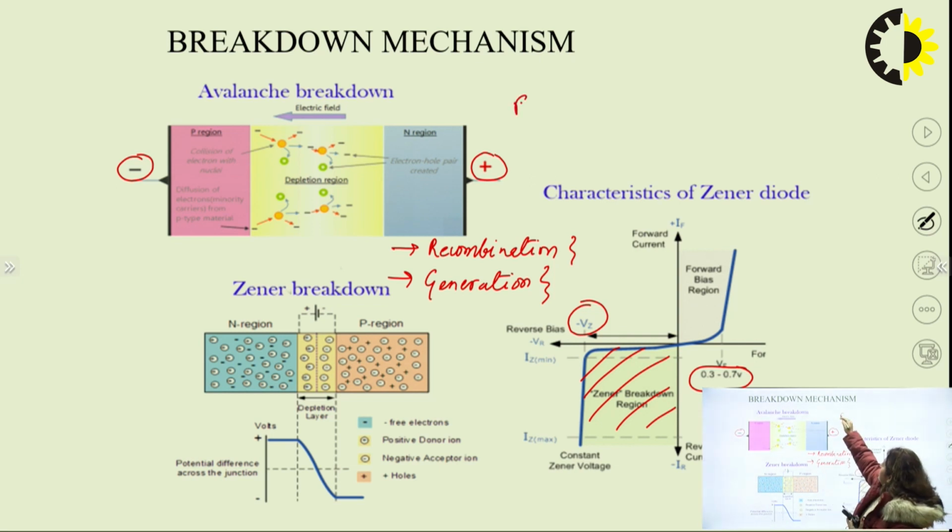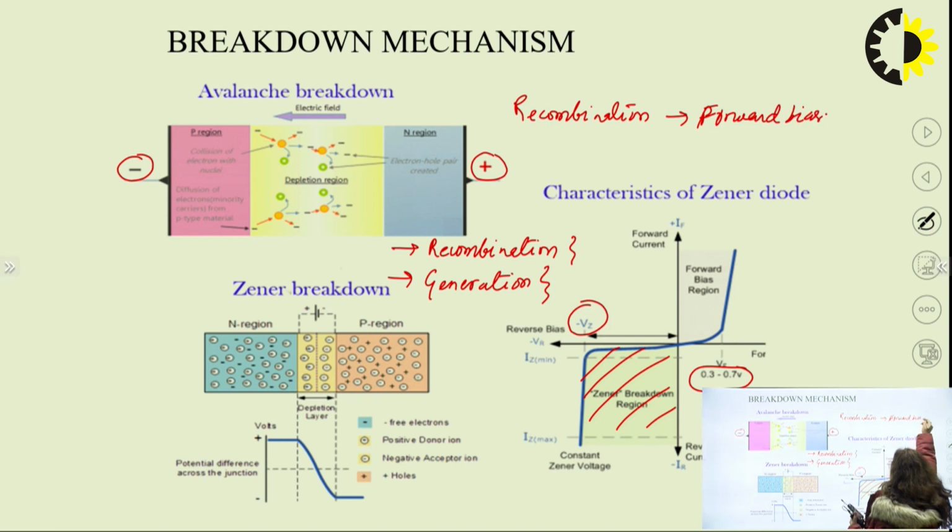So basically, recombination occurs in the forward biasing condition, and generation of electron and hole pairs will occur in reverse biasing.